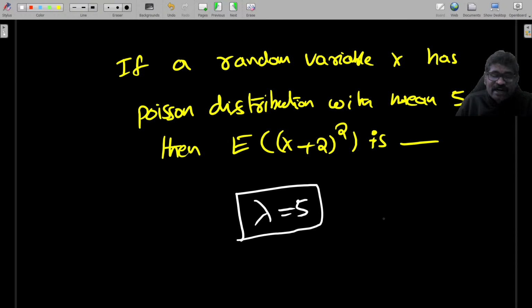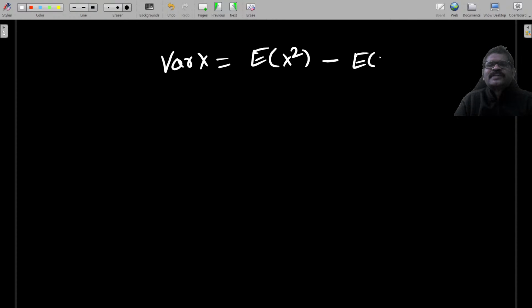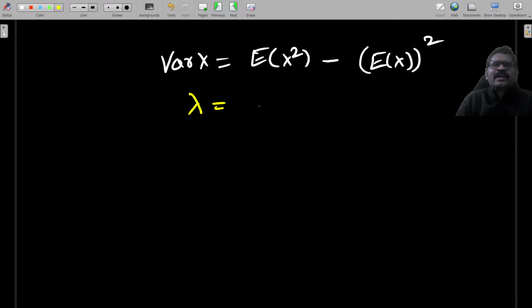To calculate the expected value of x plus 2 whole square, I am going to use the formula of variance. Variance of x is expectation of x square minus expectation of x whole square. In the Poisson distribution, mean and variance are equal to lambda.